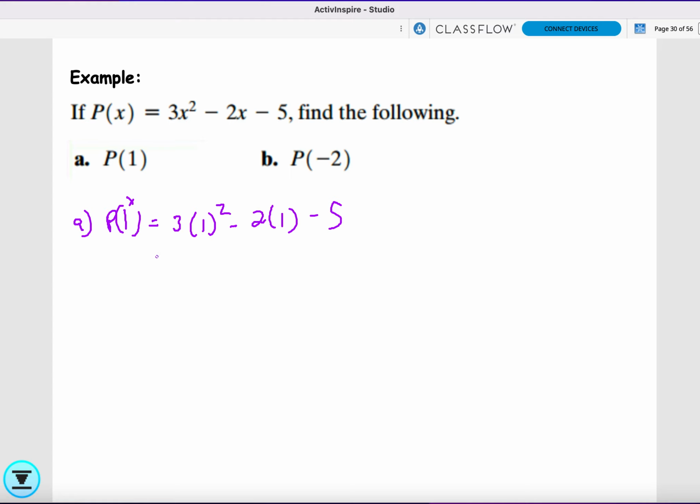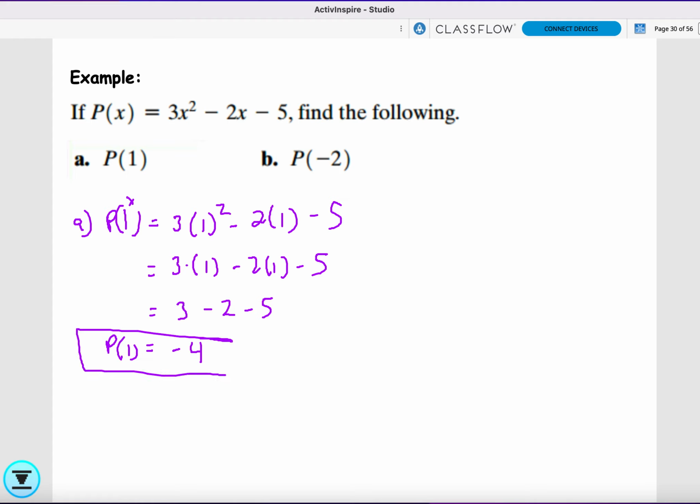Now use PEMDAS to simplify. 1 squared is just 1, so it'll be 3 times 1 minus 2 times 1 minus 5. Then multiply. 3 times 1 is 3. Negative 2 times 1 is negative 2. Now we add and subtract from left to right. 3 minus 2 is 1. Minus 5 is negative 4. And we're done.